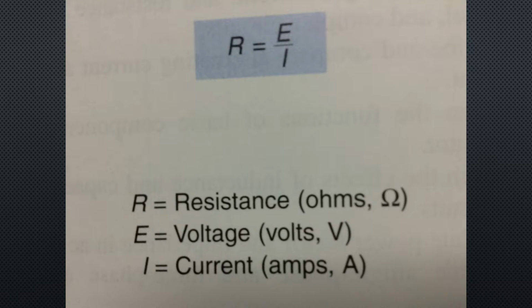This relationship is called Ohm's law and can be expressed mathematically as shown on the screen, where R, or resistance, equals E, or EMF, divided by I, or current. As we go on, we will see how Ohm's law is applicable to many types of problems involving electrical circuits.